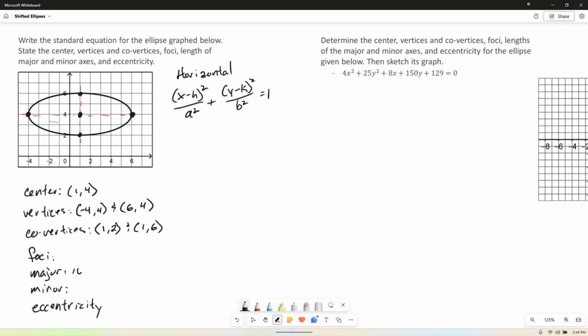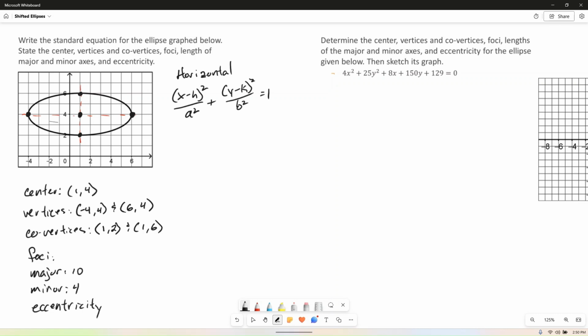Well, that's a distance of 10 units. The minor axis is the distance between the co-vertices. So if one is at (1, 2), and the other is at (1, 6), how far is it from 2 to 6? It's a distance of 4. And so this graph is 10 units wide and 4 units tall.